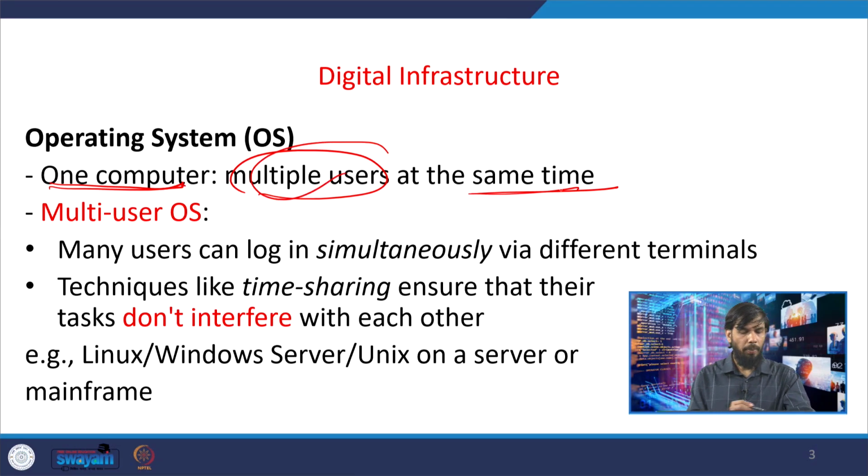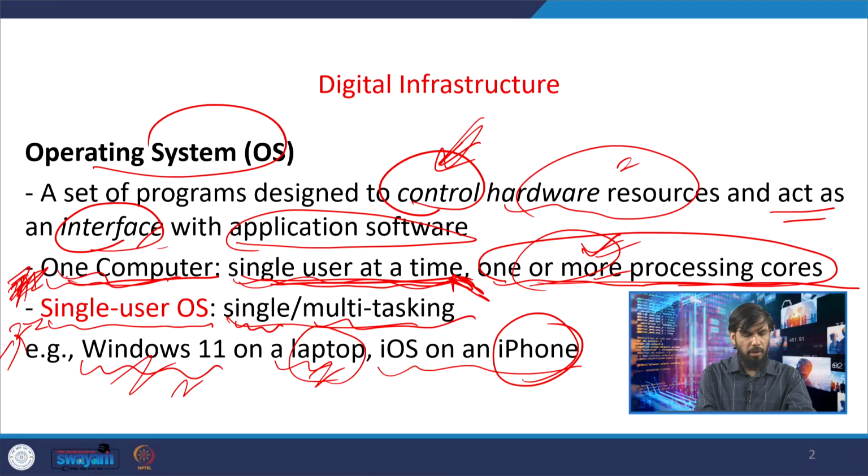That means the operating system for this particular computer should be able to support concurrent users. So, two or more users can at the same time log into that operating system, and it should be able to support that. One computer supporting a single user means the operating system only needs to support one user being logged into the system.